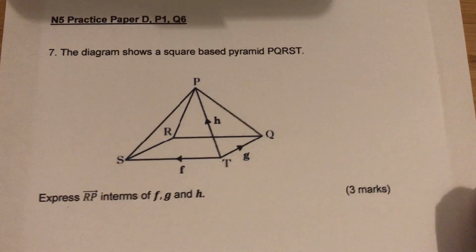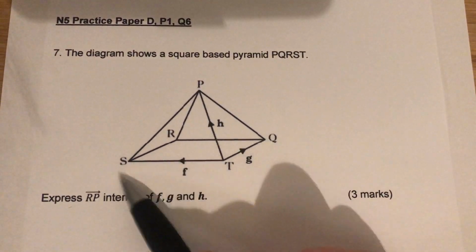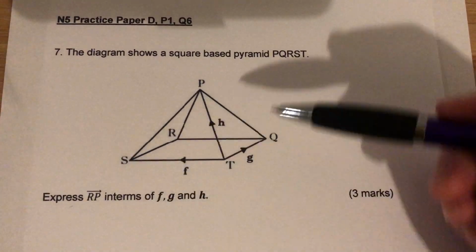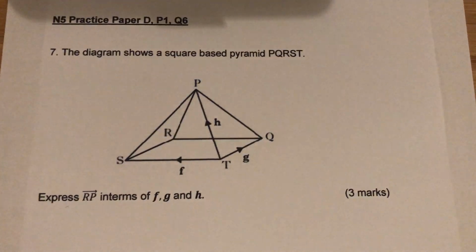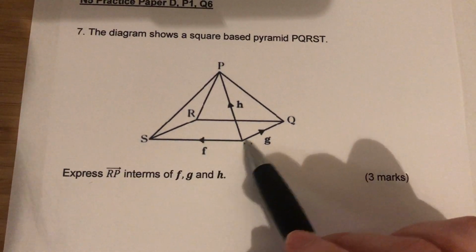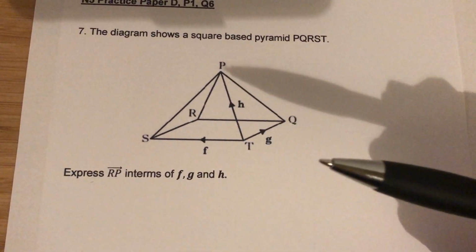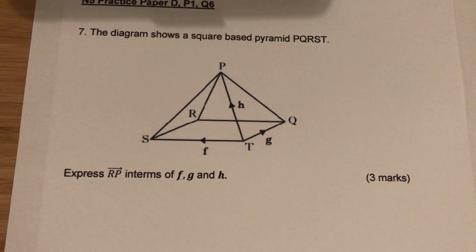So this one here says, the diagram shows a square-based pyramid, P, Q, R, S, T. Express RP, so R to P, in terms of F, G, and H. Right, so for this one, we've got a square at the bottom here. Now you can label vectors the same thing as long as they are the same length and they're going in the same direction.